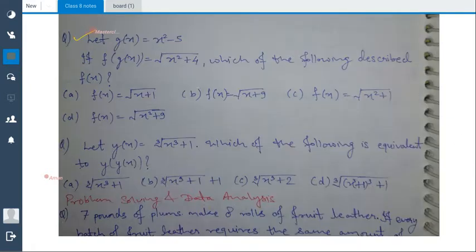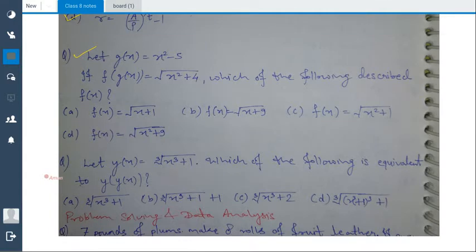Okay. Let g of x equal x squared minus 5. So if f of g of x equals root x squared plus 4, which of the following describes f of x? Oh, I got it. So x squared minus 5. Don't have to take this much time.